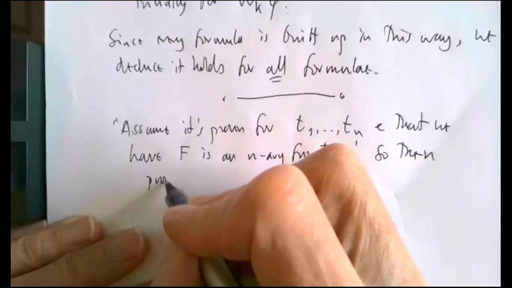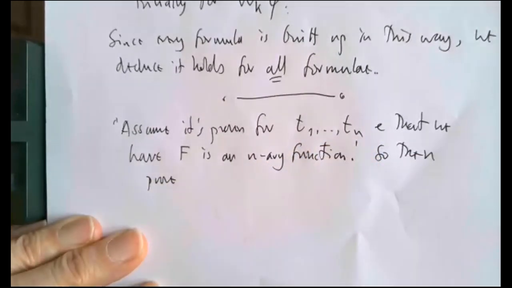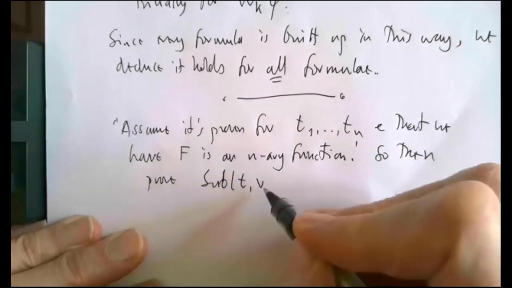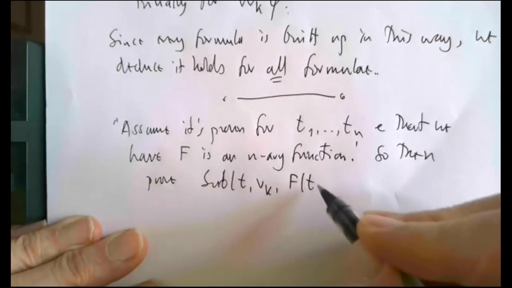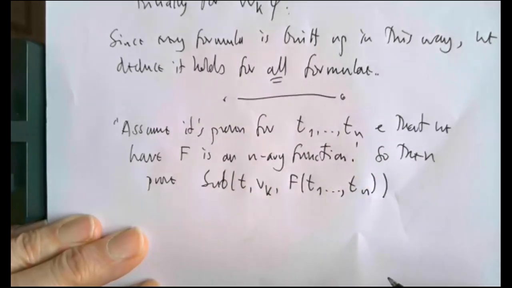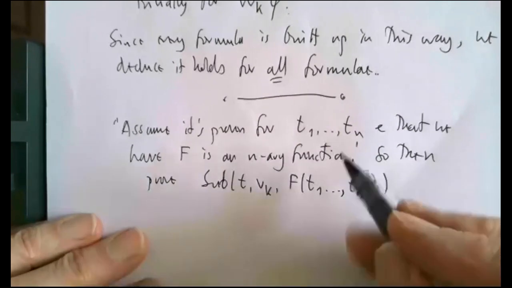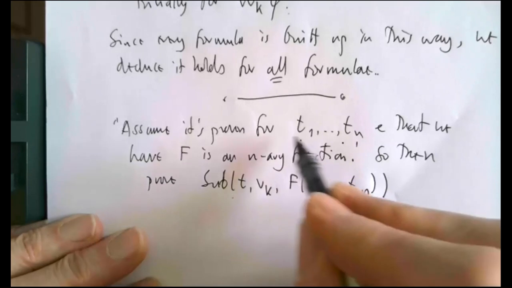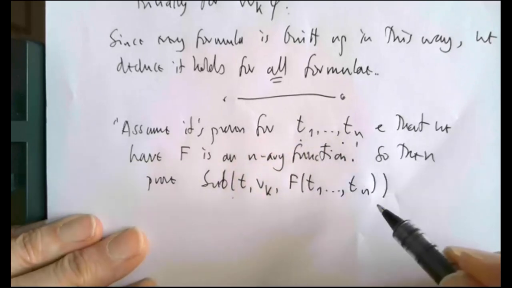So then prove it. We're substituting t for vk in f of t1 up to tn. The inductive hypothesis is that for the simpler terms, we already know that substituting t for vk in each of the ti's just gives me ti.